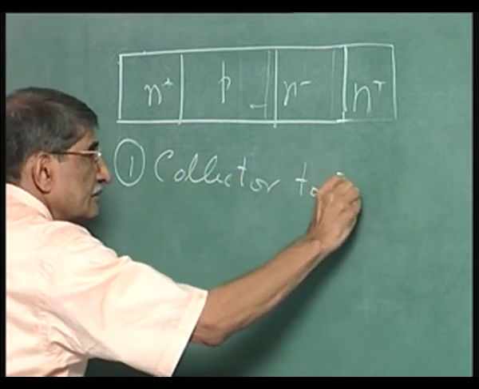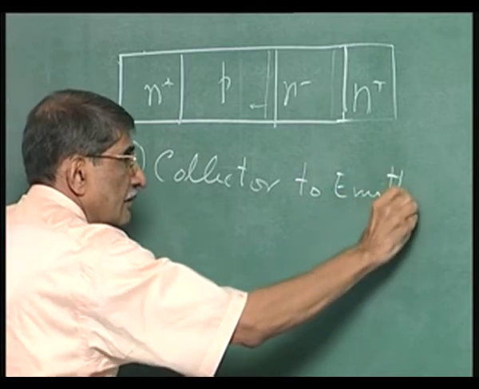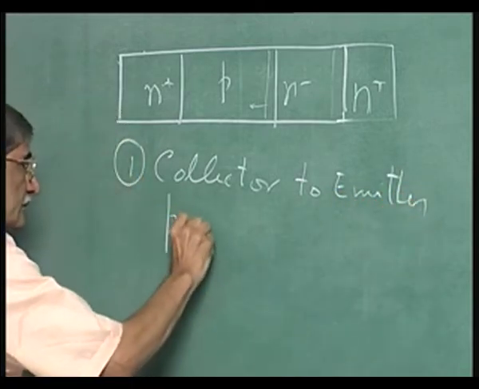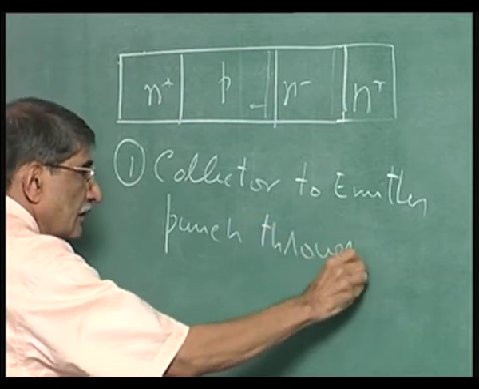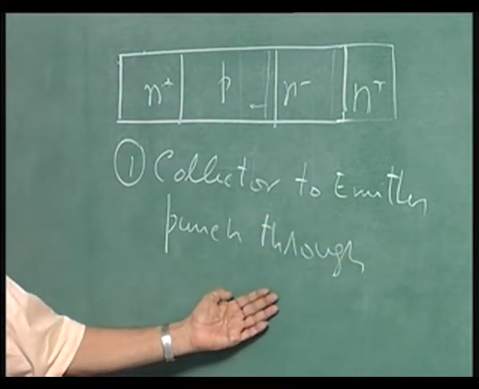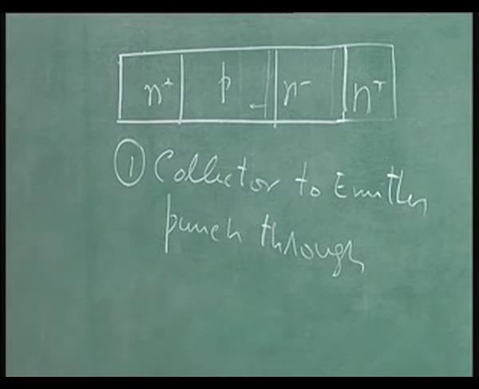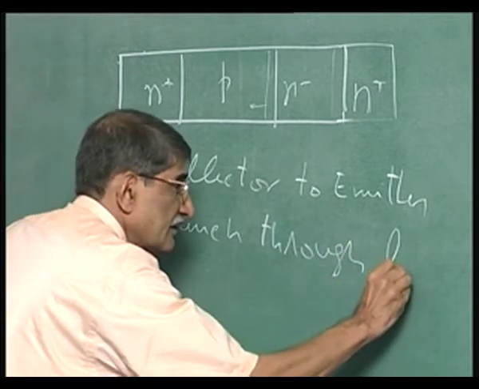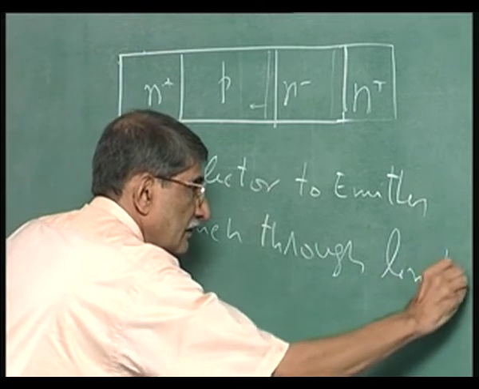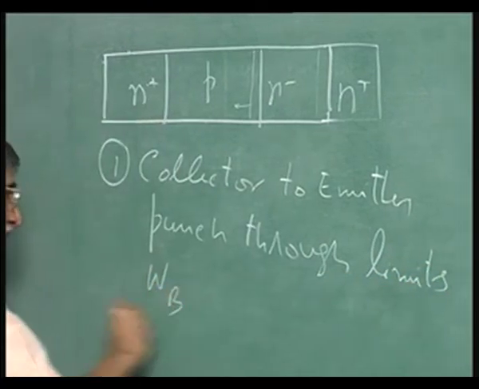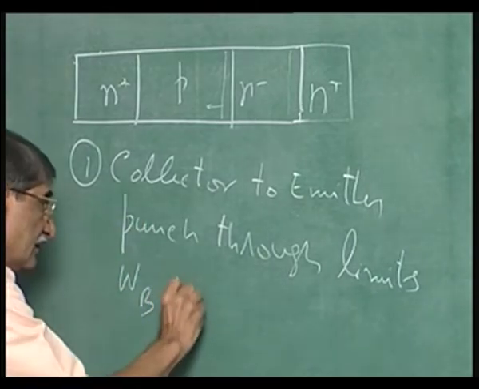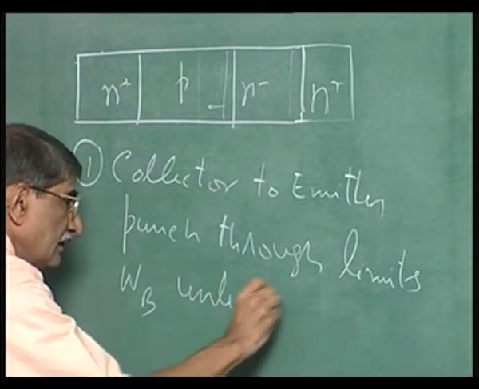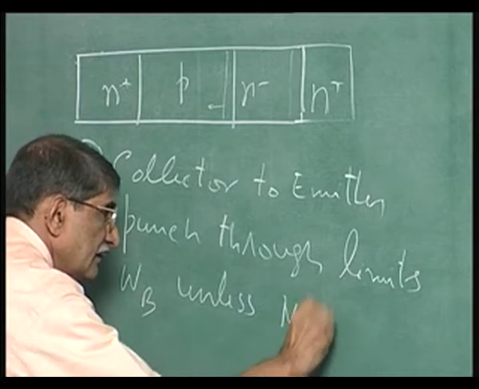So, punch through, implying the depletion layer reaching the emitter base junction, limits WB, the lower limit on WB, unless NA is increased.